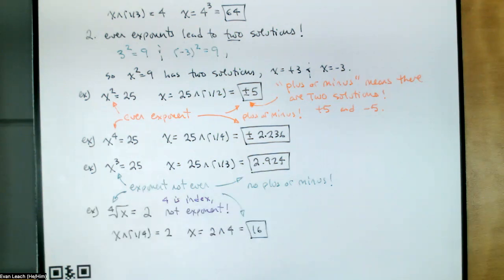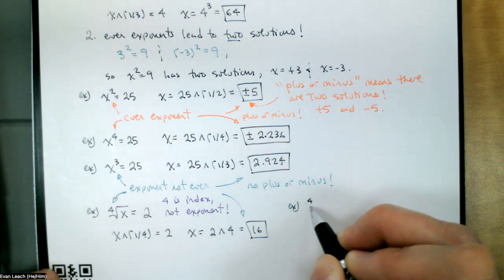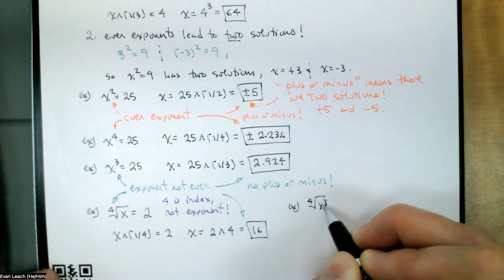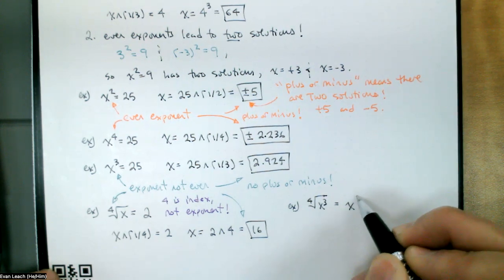The index is just the denominator of the exponent. Right? The 4th root of x is x to the 1/4. If you have an expression that's something like the 4th root of x cubed, the exponent is 3/4.